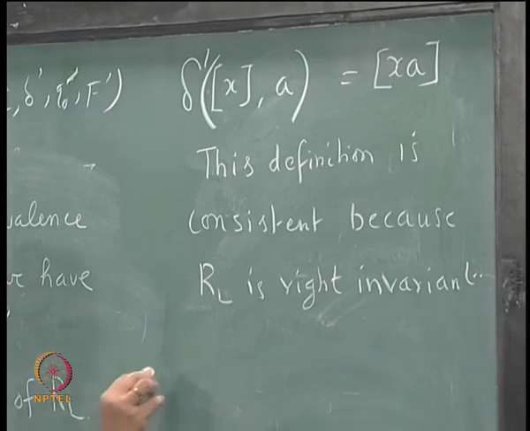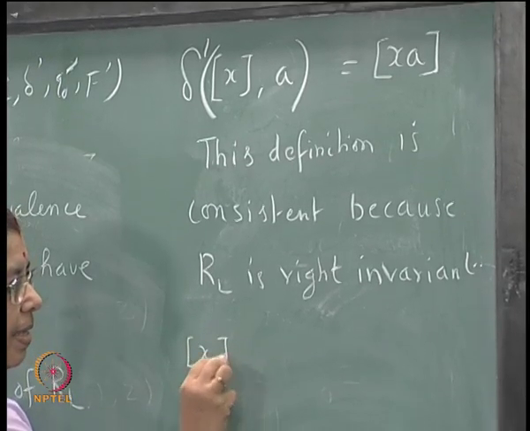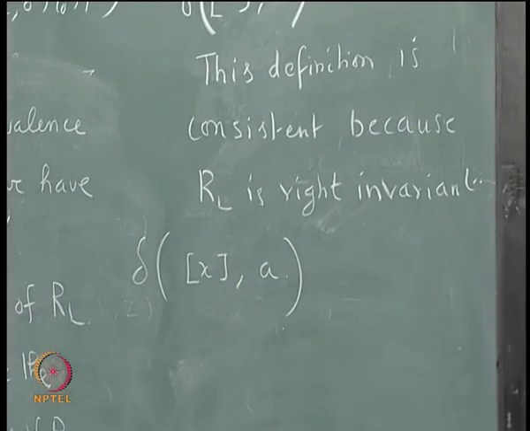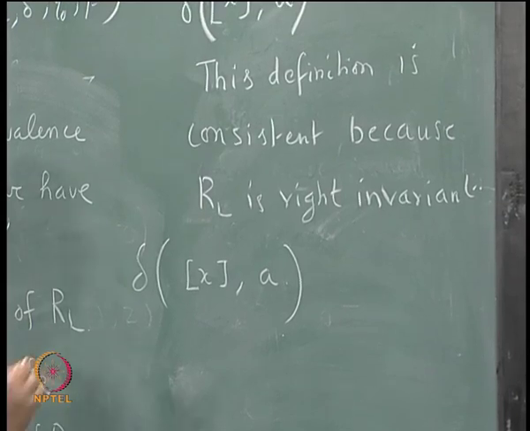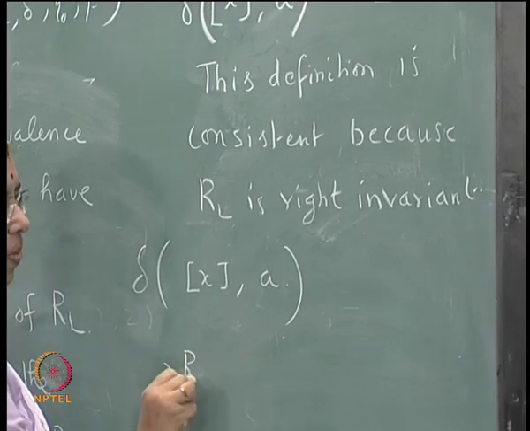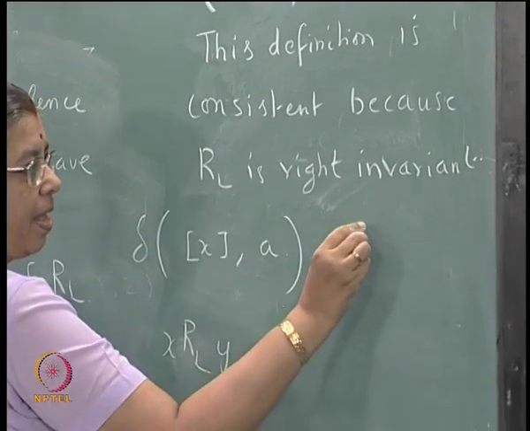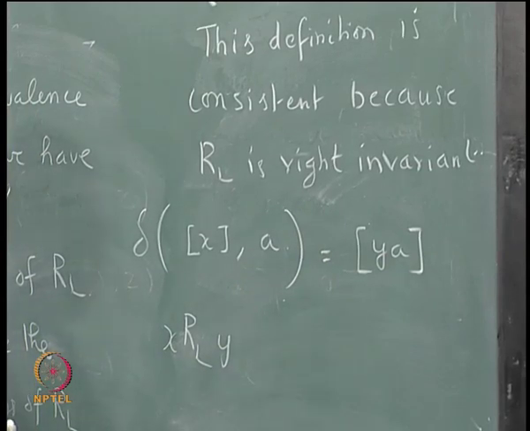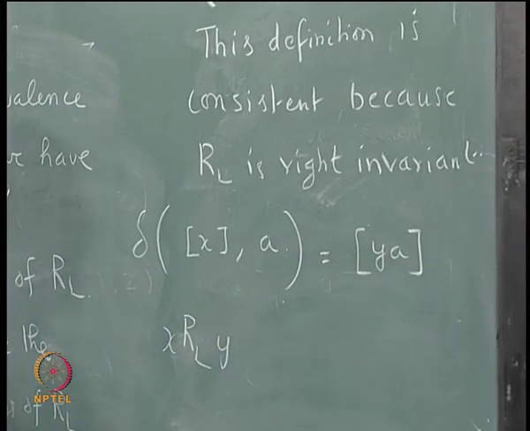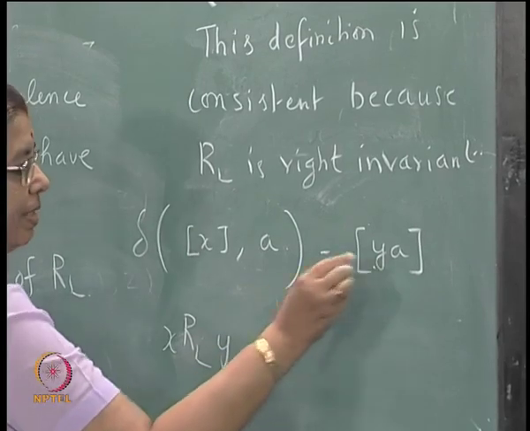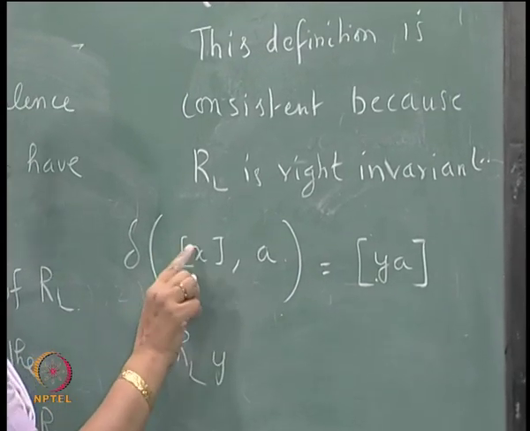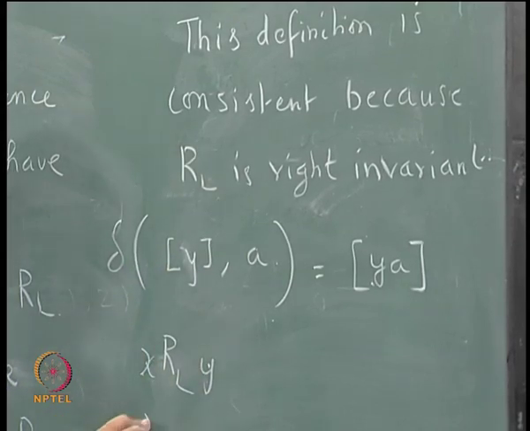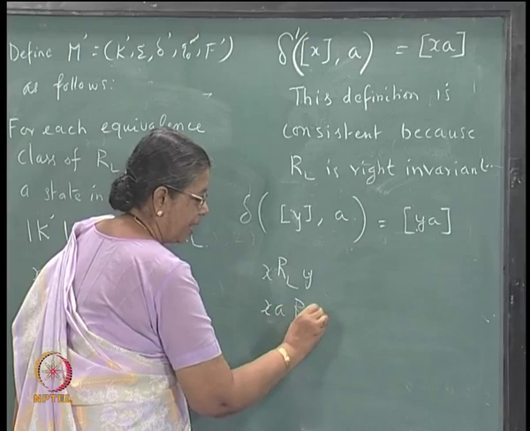See, instead of saying delta of X comma A, you can take X and Y, suppose X is related to Y, you could write like this also, nothing changes. You are allowed to write like this because X and Y belong to the same equivalence class, and by right invariance XA RL YA.